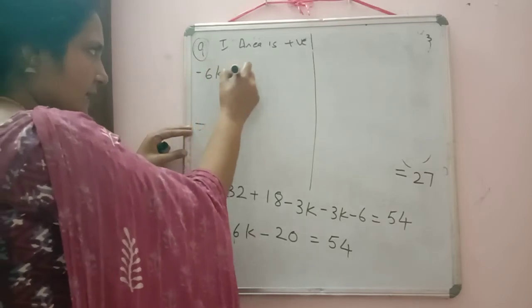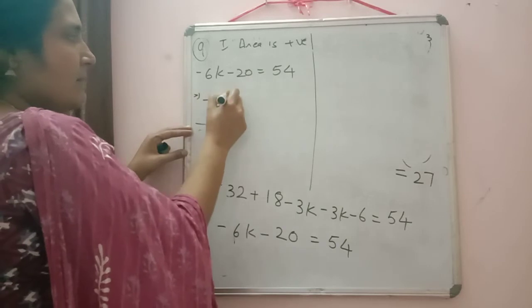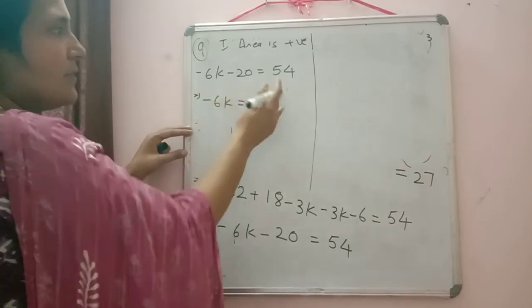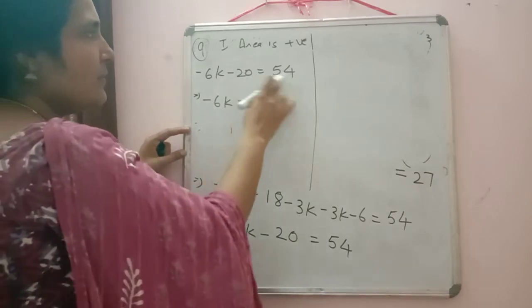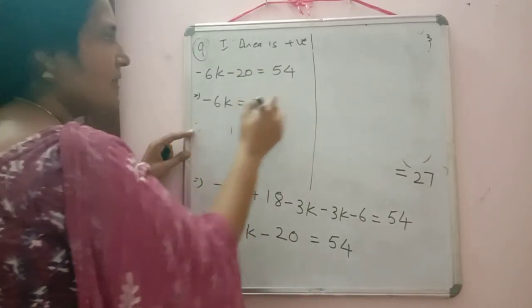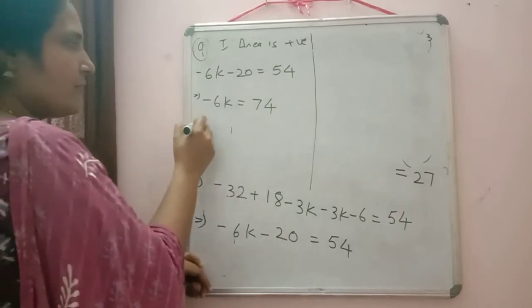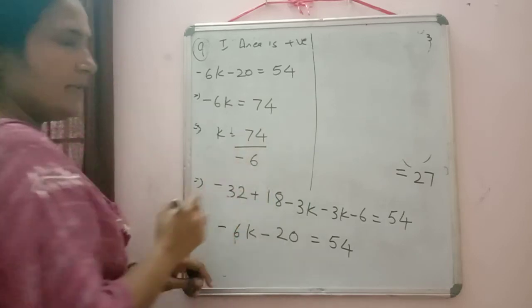So minus 6k minus 20 is equal to 54. Minus 20 we can shift to the right hand side, so minus 6k is equal to 54 plus 20, which is 74. So k is equal to 74 by minus 6.